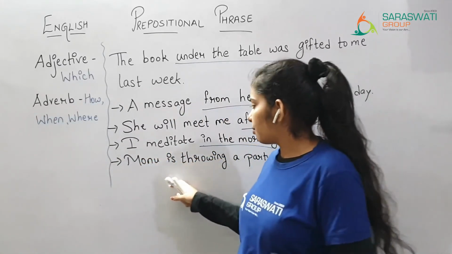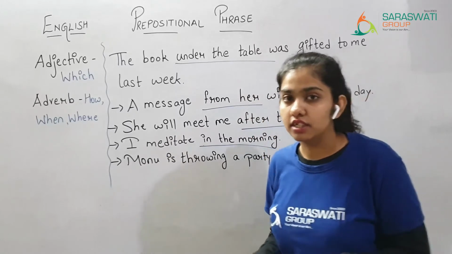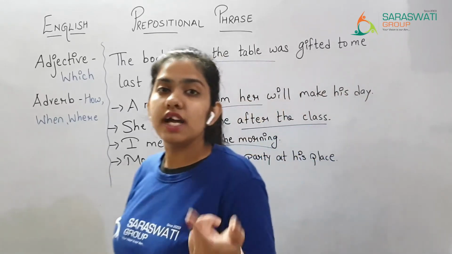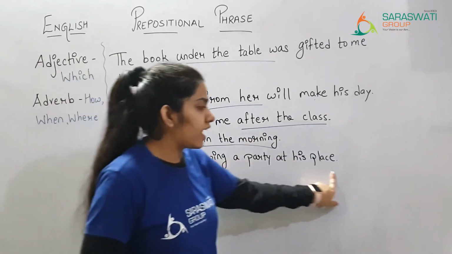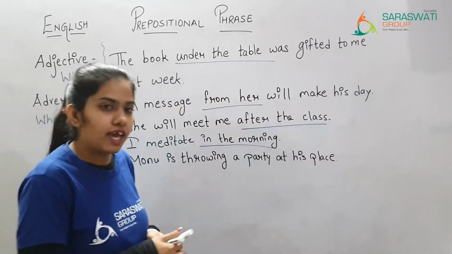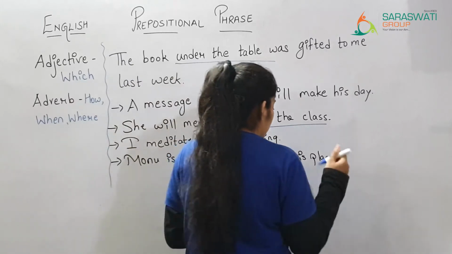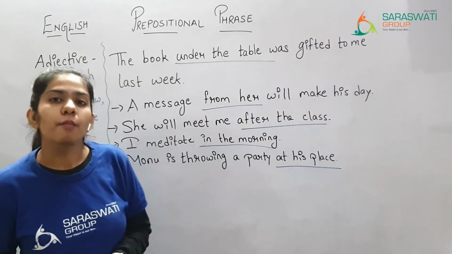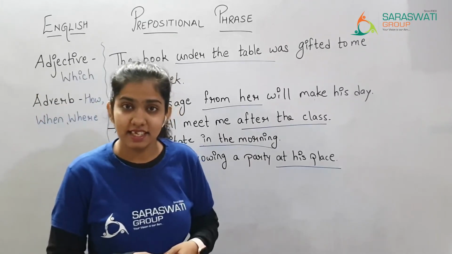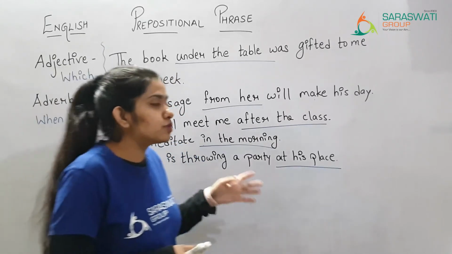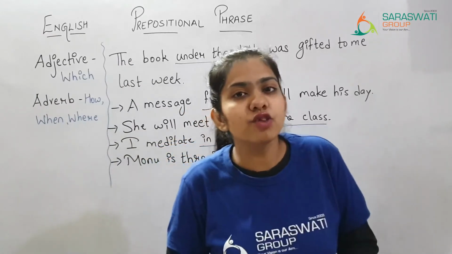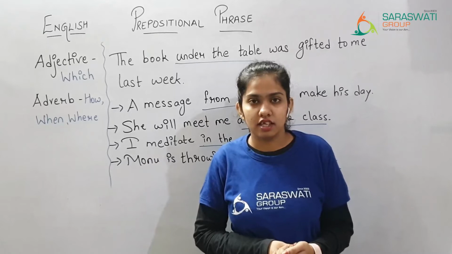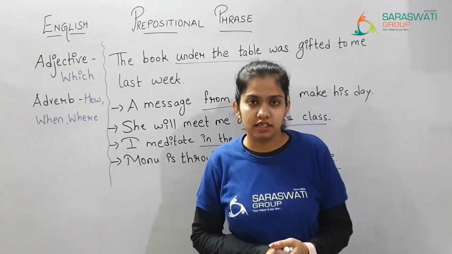The answer will come as at his place, and at is the preposition. So at his place becomes our prepositional phrase. I hope students you now get an idea how to solve prepositional phrases, how it works.